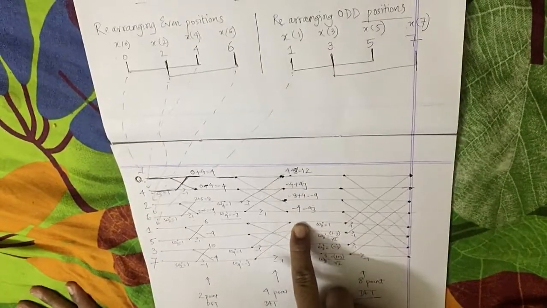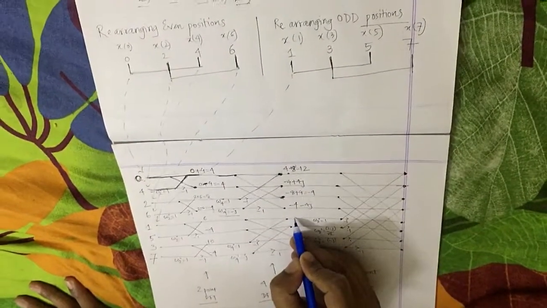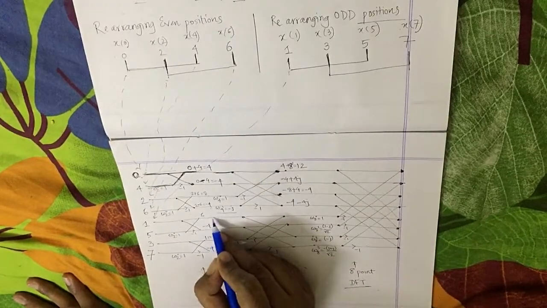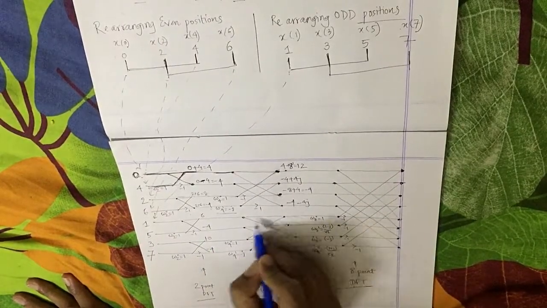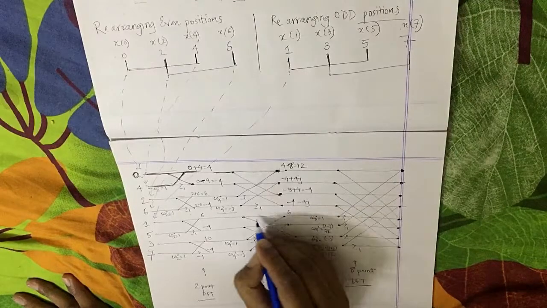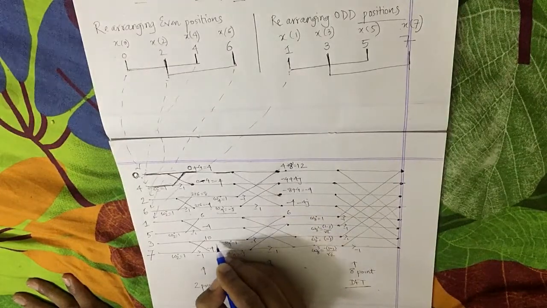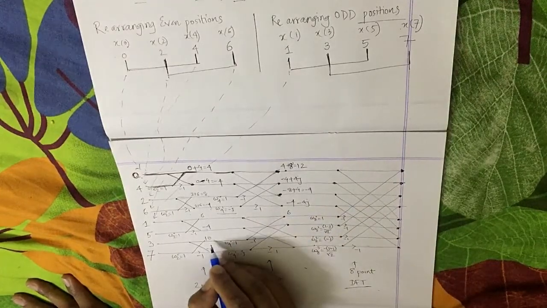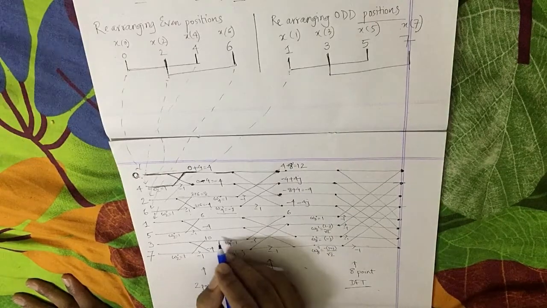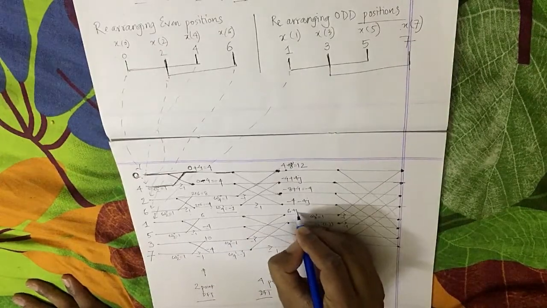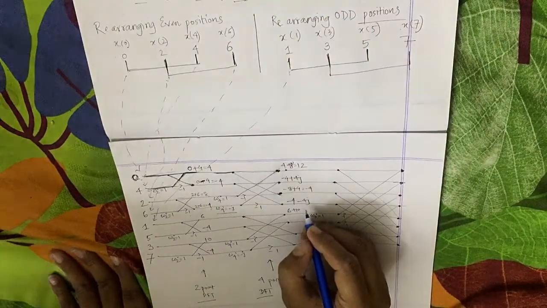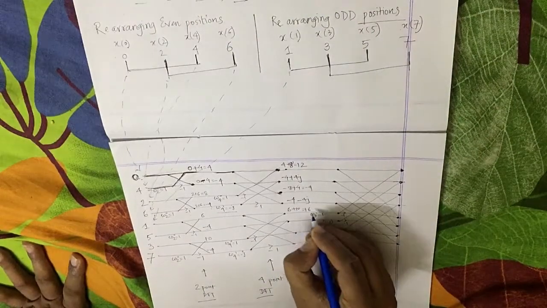What about this line? This line will have a value of, this 6 comes in the straight path. 6 should be added with 10, right? 10 getting multiplied with 1 gives us 10. So 6 plus 10 should be giving us a value of 16.